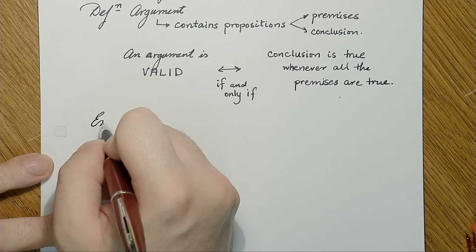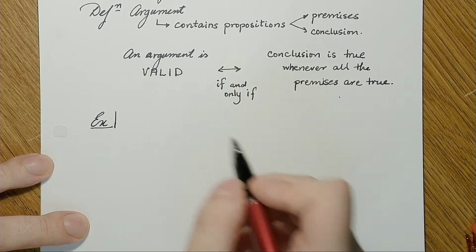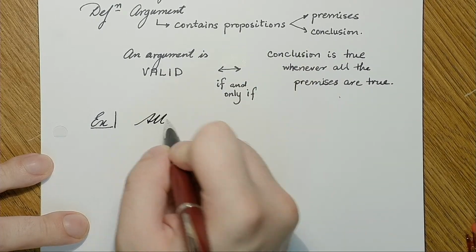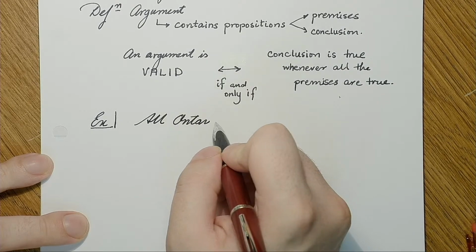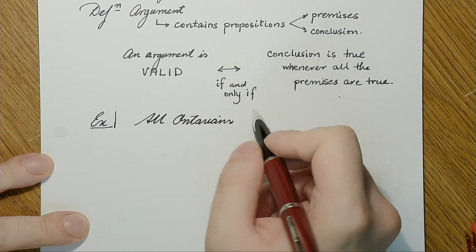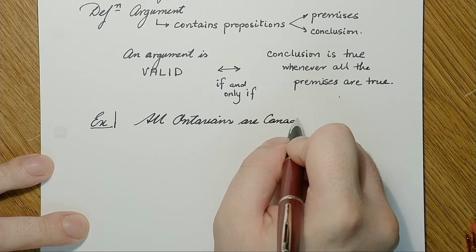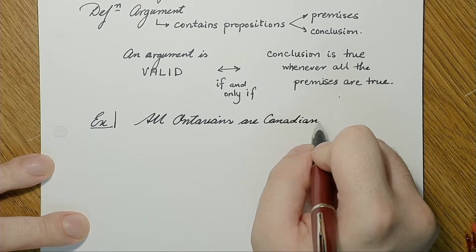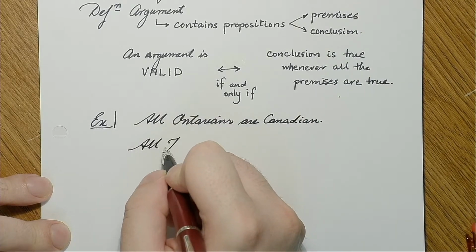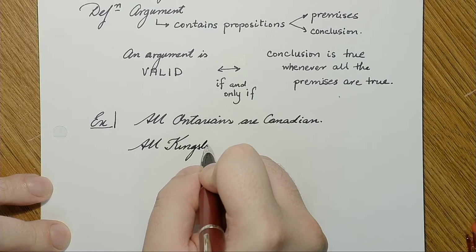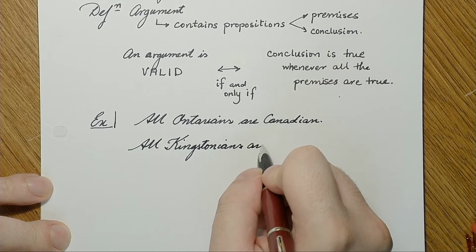So we'll do an example. Okay, so what we'll say is: all Ontarians are Canadian. All Kingstonians are Ontarians.